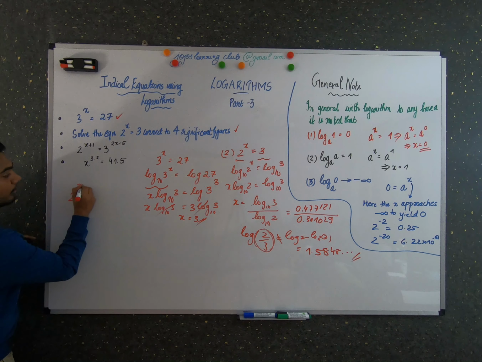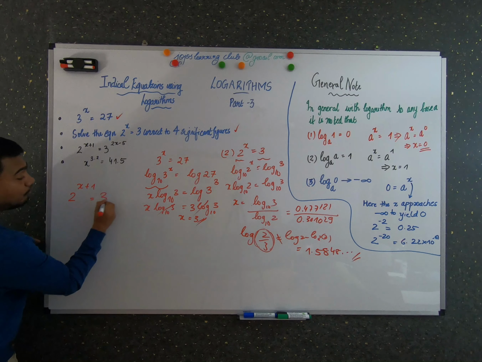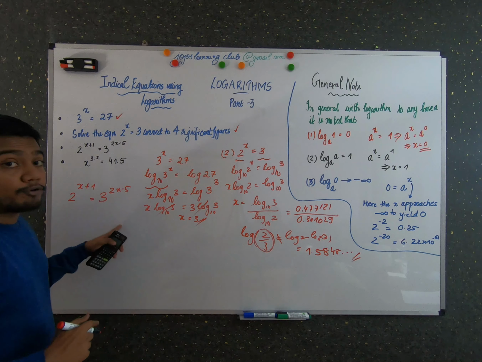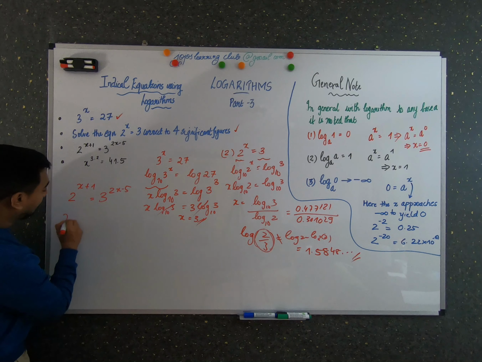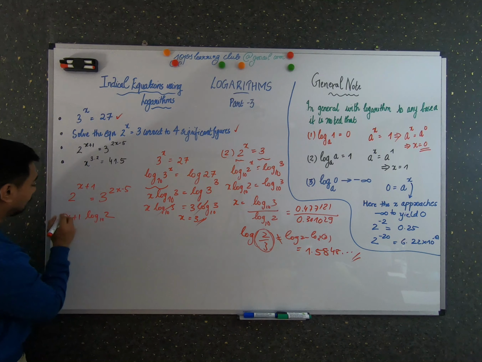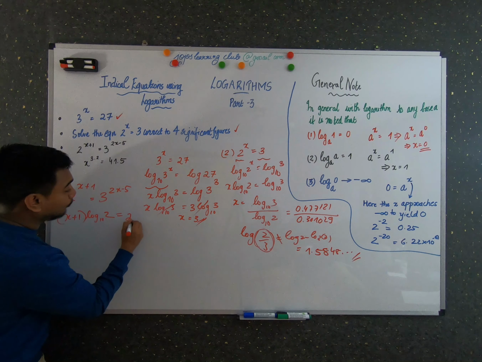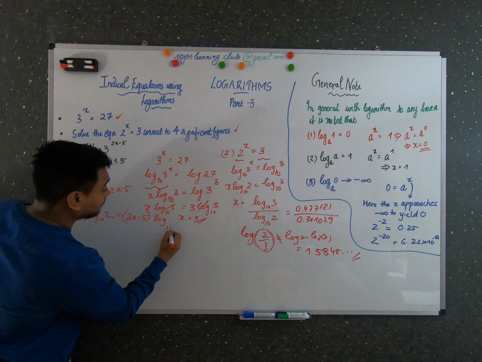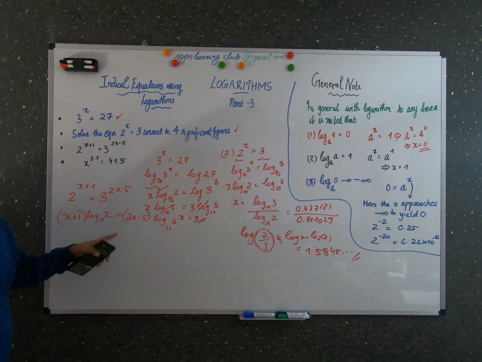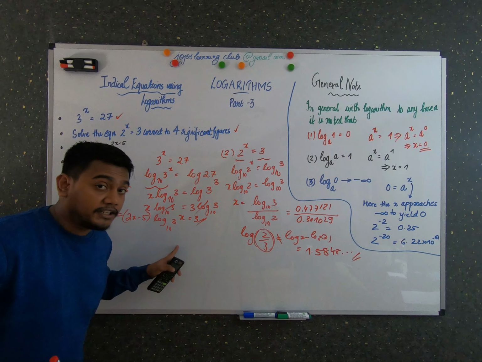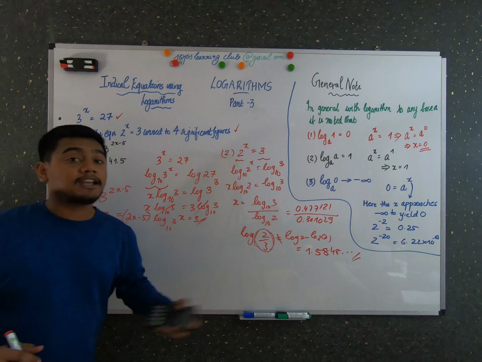The third problem is 2 raised to x plus 1 is equal to 3 raised to 2x minus 5. In this problem you again take the logarithm. So x plus 1 into log of 2 base 10 is the same as 2x minus 5 into log 3 to the base 10. You can do it any way: either substitute the value of log 3 here, or substitute at the end of the problem.